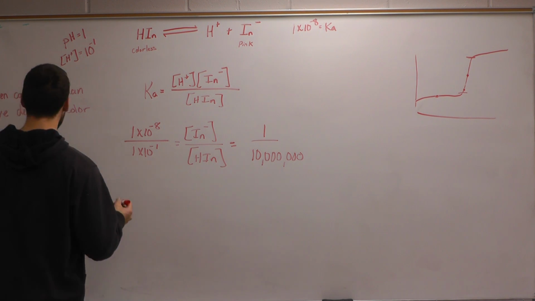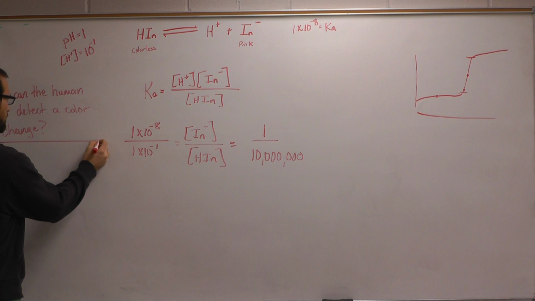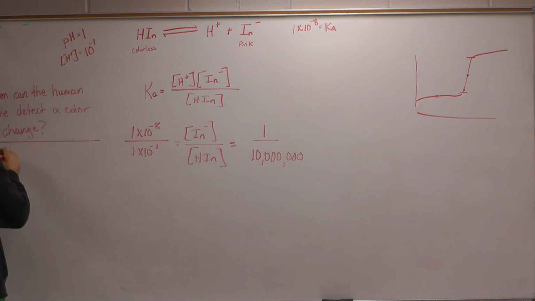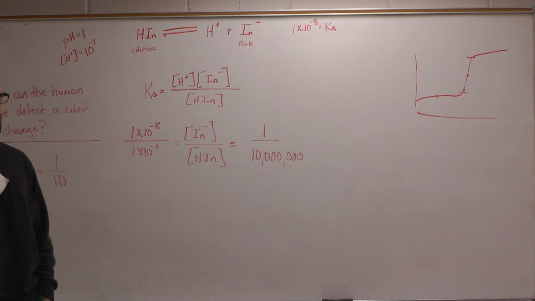So, here's when the human eye can detect. Okay? The human eye can detect a color change when your ratio is 1 part to 10 parts.